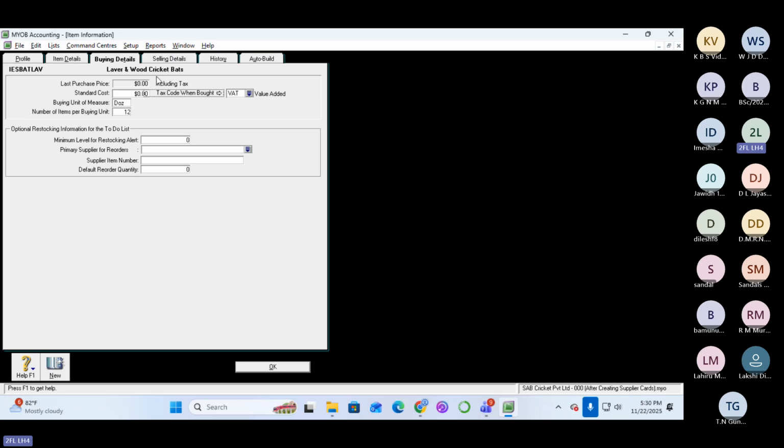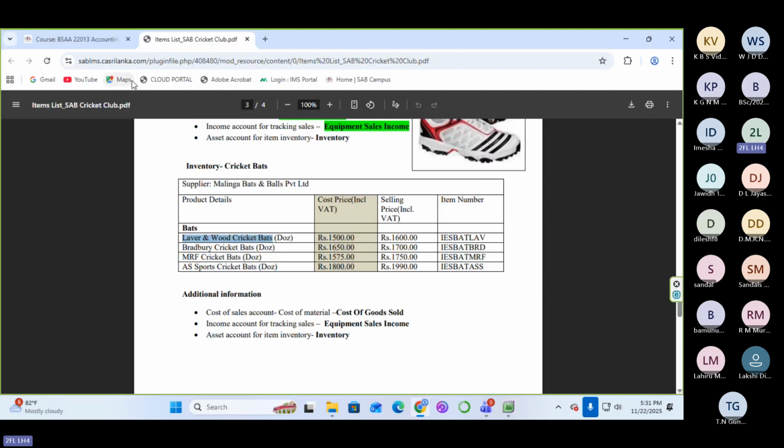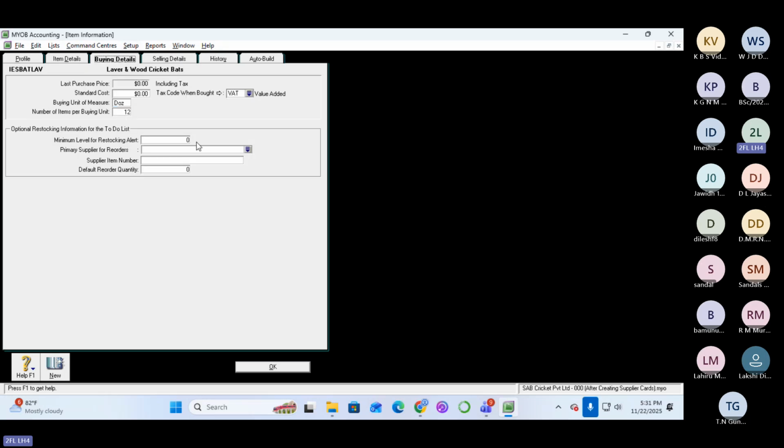Like this, under buying details, buying unit of measure is DOZ, and number of items per buying unit is 12. Under the selling details, selling unit of measure is each, and number of items per selling unit is 1. Price is 1,600. For cricket bats, see this, dozen, and 12.